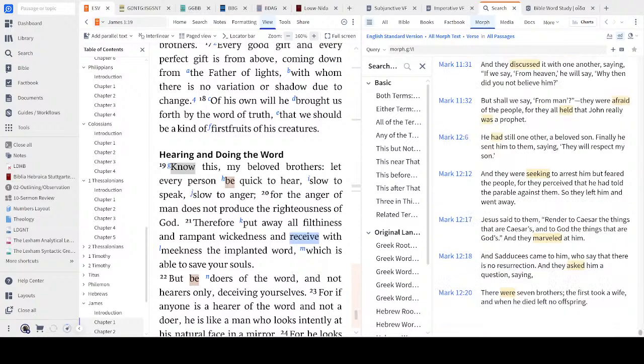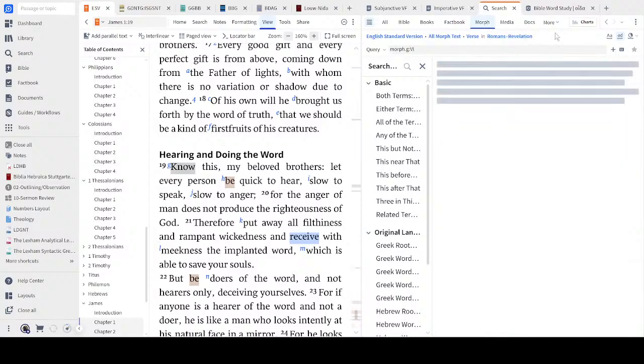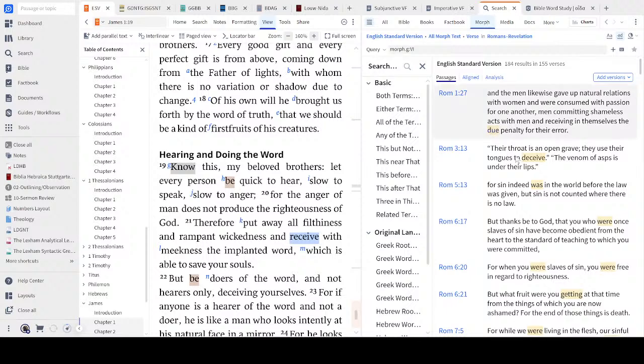So let's see if any shows up. How I'm going to limit this, I'm going to limit this from Romans to Revelation. So what this does is limit my search. Wow, the imperfect shows up more than I would have thought.